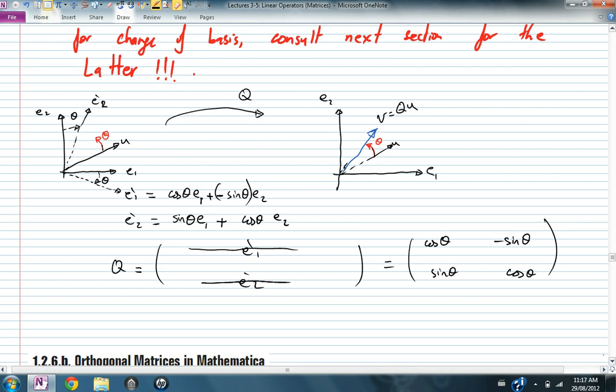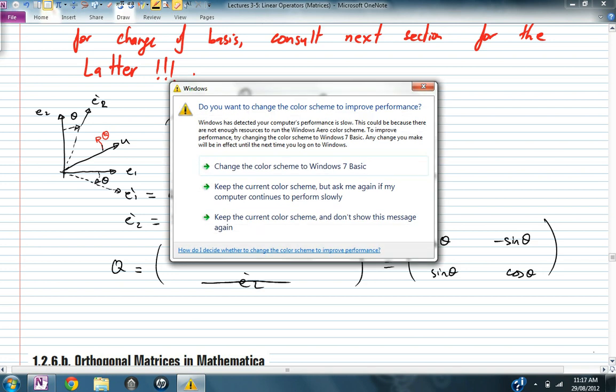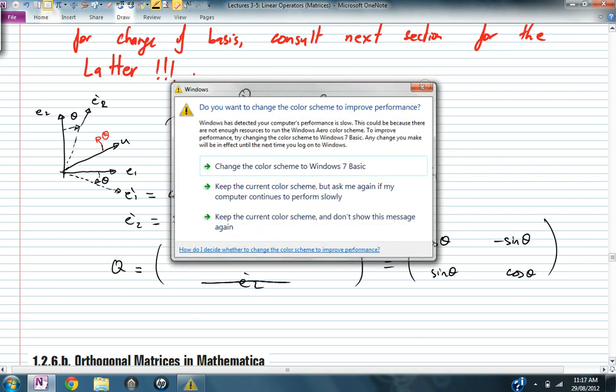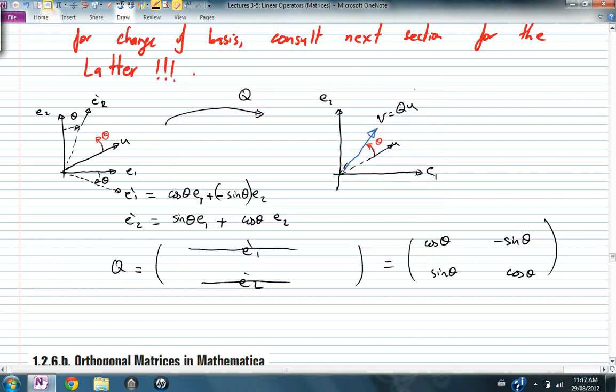And remember, this will be different from when you actually change the basis, simply because the rotation angle will be the opposite. When you study the change of basis, you're going to get a different matrix.